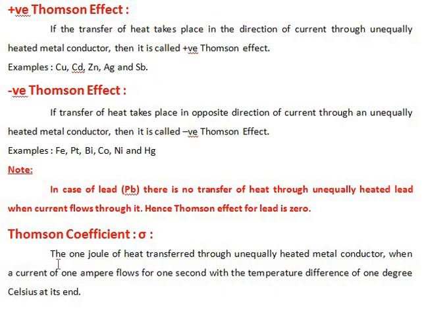So, the Thomson coefficient is denoted by sigma. It is defined as the 1 joule of heat transferred through an unequally heated metal conductor when a current of 1 ampere flows for 1 second with a temperature difference of 1 degree Celsius at its ends.